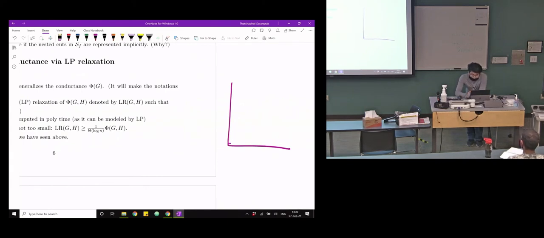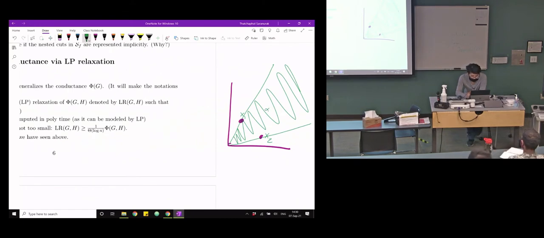Let's draw 2 dimensions. What is the non-negative combination of this one, x1? It's kind of this, right? The non-negative combination of this x2 is this thing, and you allow everything in between.